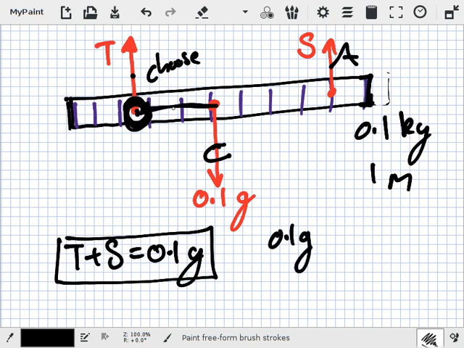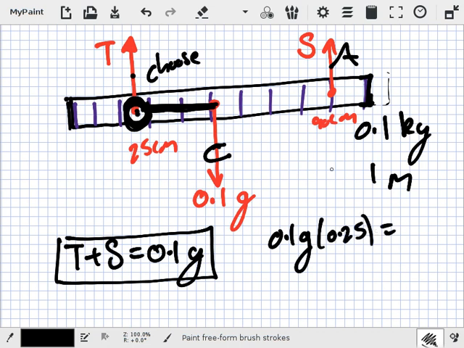And what's the distance? What's this distance? Sorry, I didn't mark them off. These are supposed to be at 25 centimeters, and this one's supposed to be at 90 centimeters. Okay, so what's the distance here to here? 25 centimeters, yeah?